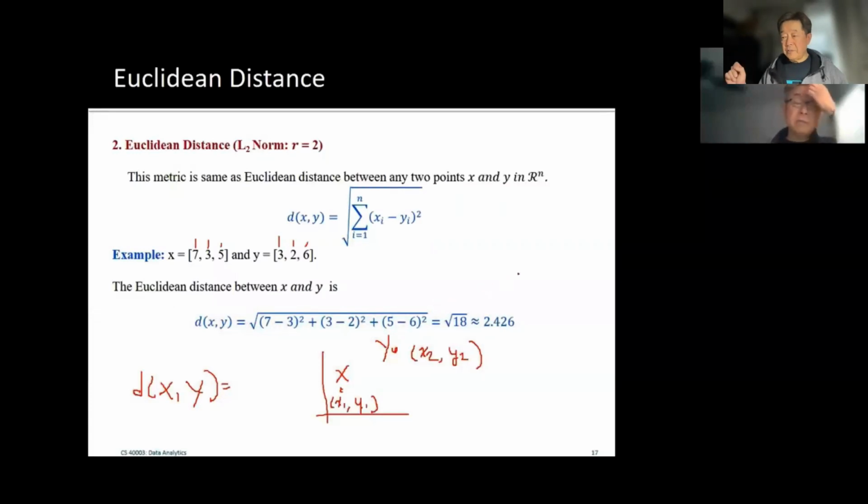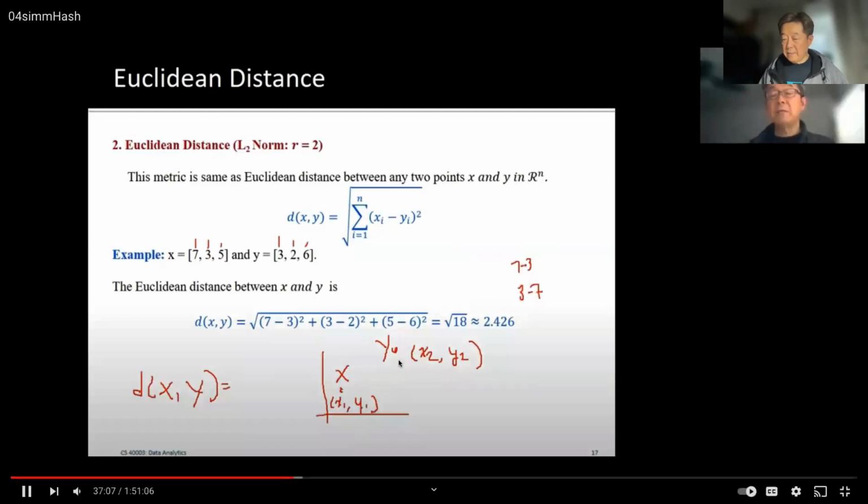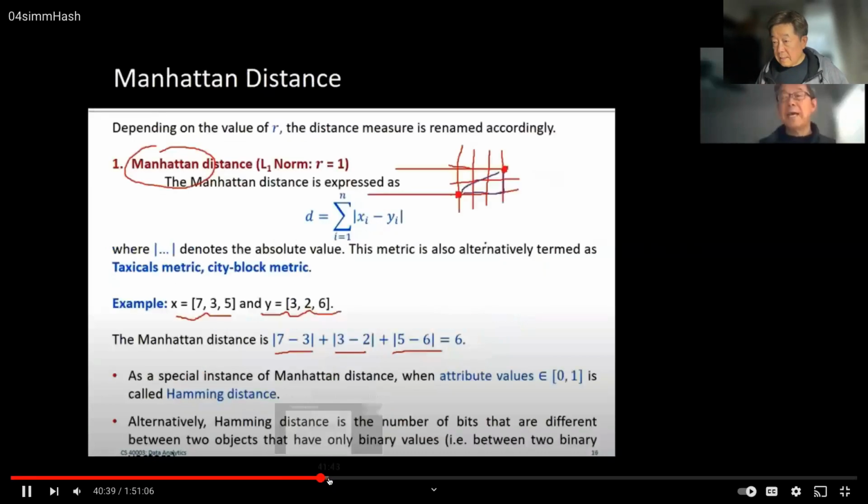Then we have 2 geo points, so we can measure the distance. That distance is the length of the line that connects directly between the 2 data points. That is the so-called Euclidean distance.